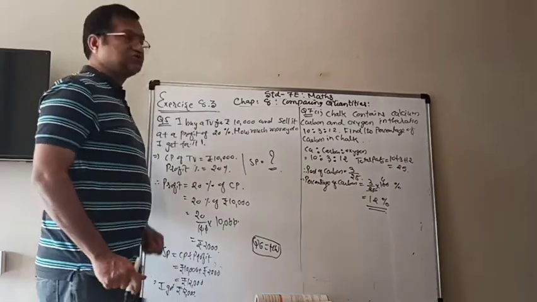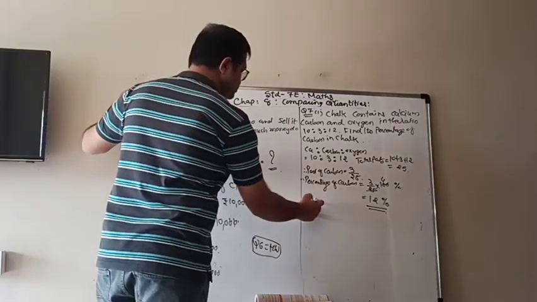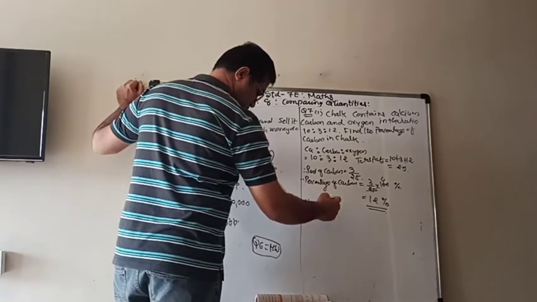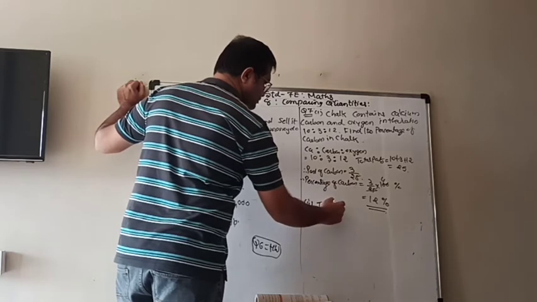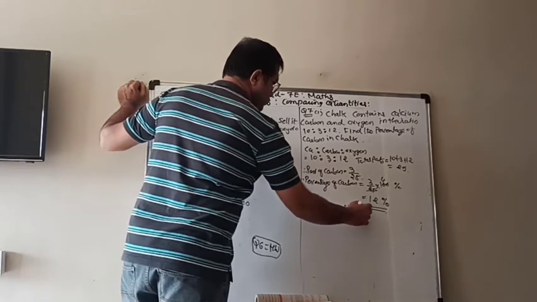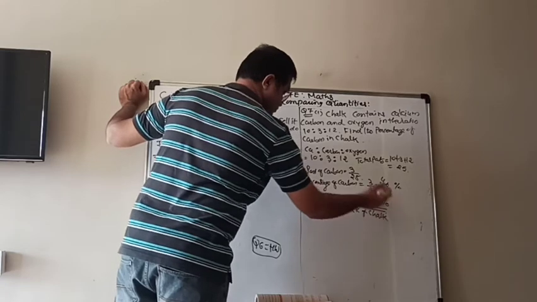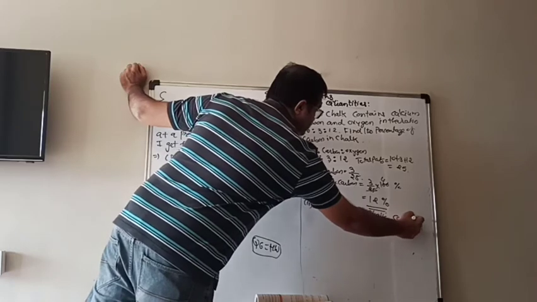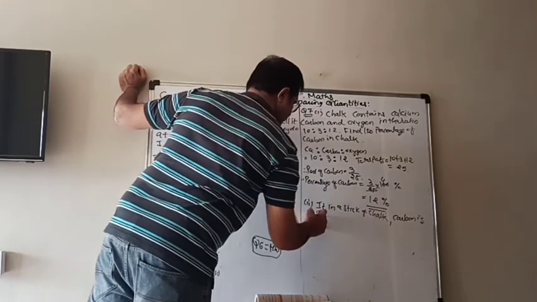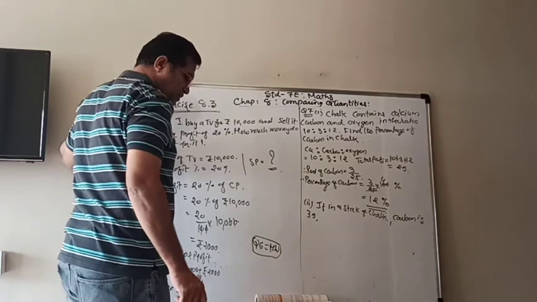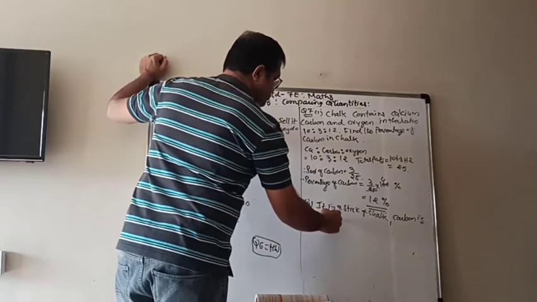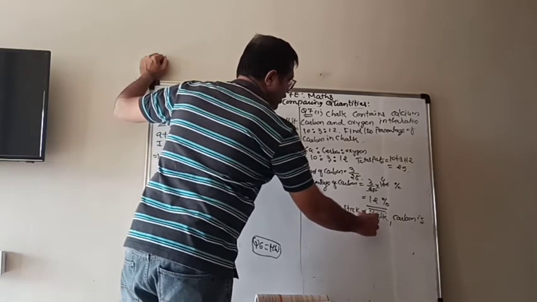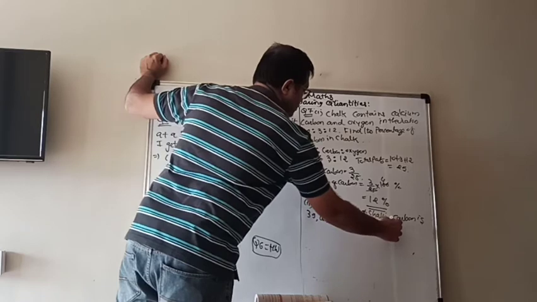Now the second question is also there in it. If in a stick of chalk, carbon is 3 gram, what is the weight of the chalk stick?